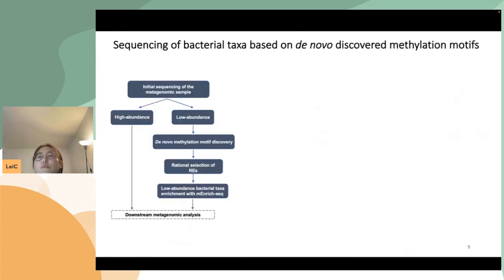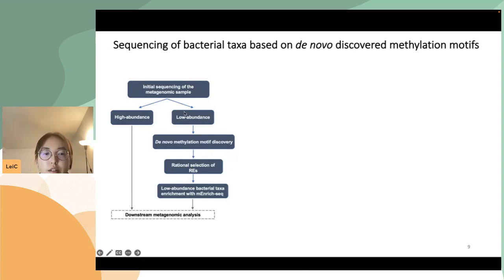The previous 2 cases demonstrate the use of mEnrich-seq for enrichment of bacteria with known methylation motifs. So what happens if we don't know the methylation motifs yet? Here we'll show an example of enriching bacteria with de novo discovered methylation motifs. Here is a very simple workflow. For a given metagenomic sample, we first do an initial sequencing.